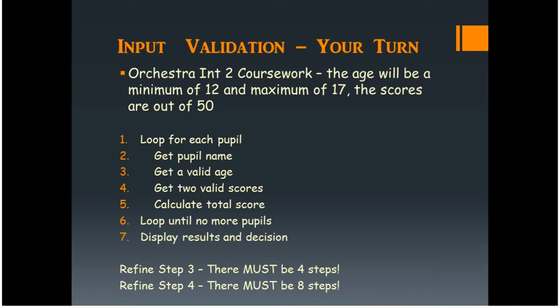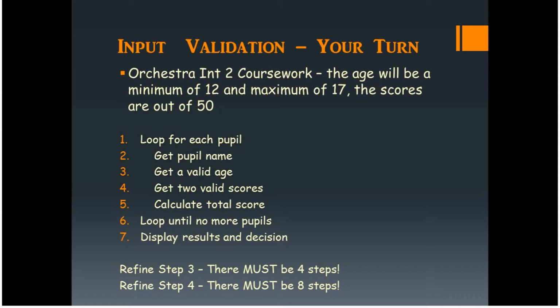Now, the age was a minimum of 12 and a maximum of 17. So 3 should be broken down into 3.1, 3.2, 3.3, 3.4. 3.3 and 3.4 stay the same. Display error and reprompt, and then end while. Hopefully if I keep saying this to you, you'll get sick of my voice and you'll start doing it properly.